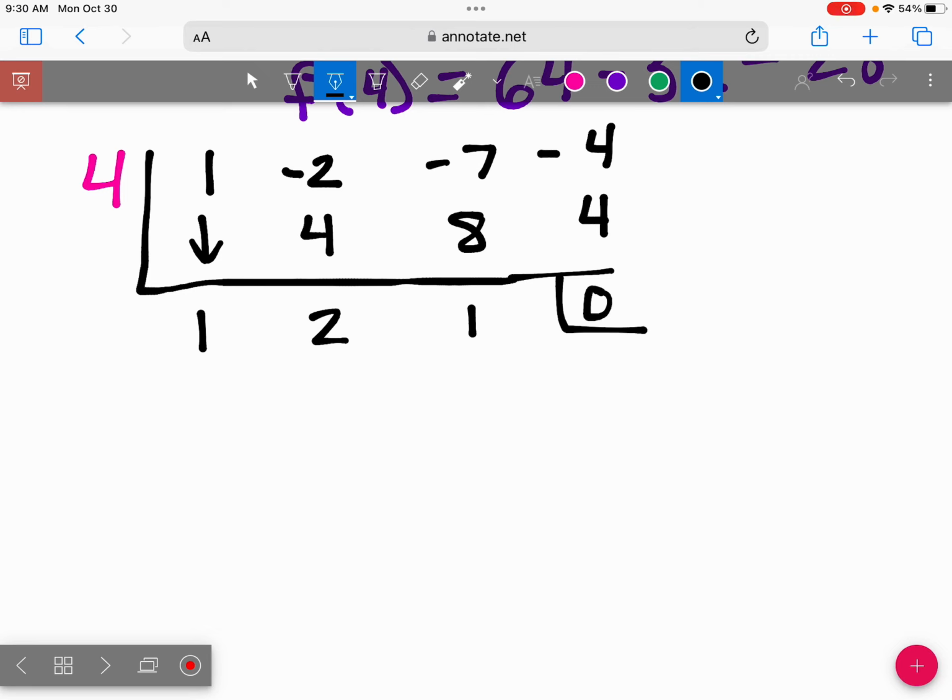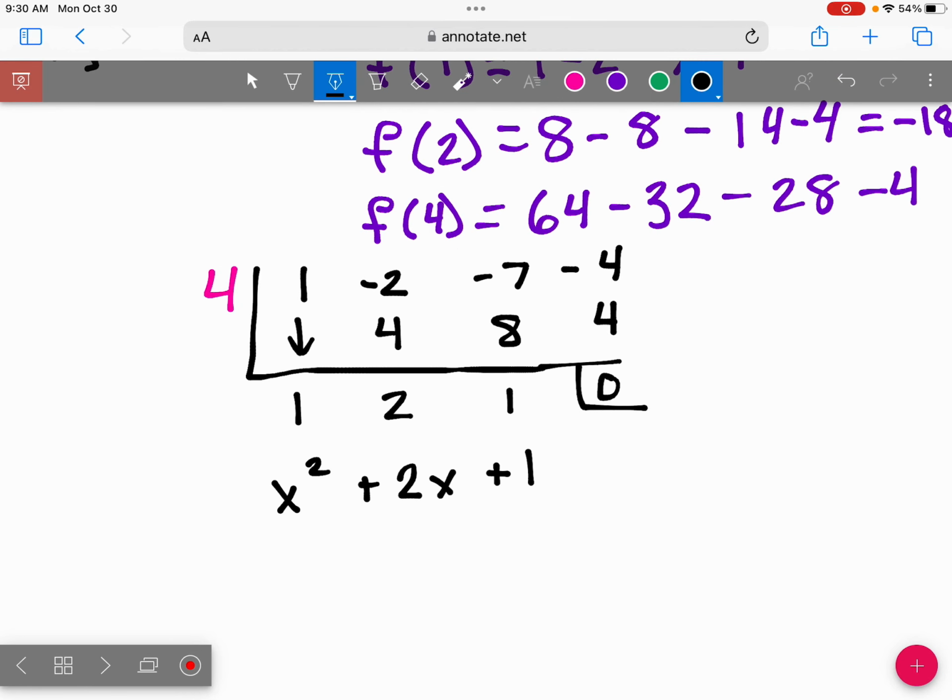So our function that we have left, remember, this is our constant, our x, and our x squared, right? So we have x squared plus 2x plus 1. And we're looking for the other roots.